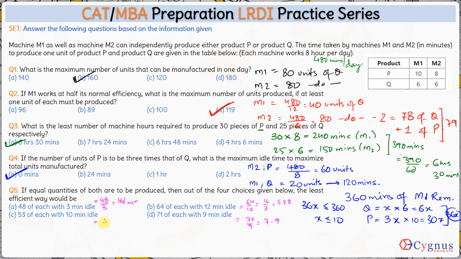And here this is 53 by 10, which is 5.3 here. Now if you look at all the 4 options, the least number of units being manufactured per idle minute is in option C. Hence the least efficient of all the 4 options is option C over here. Right? So that's it for this set. Thank you.